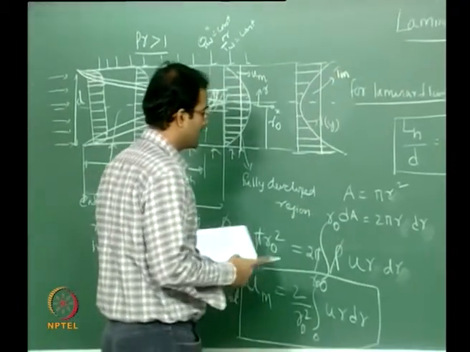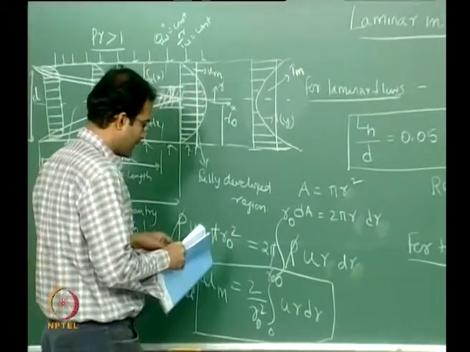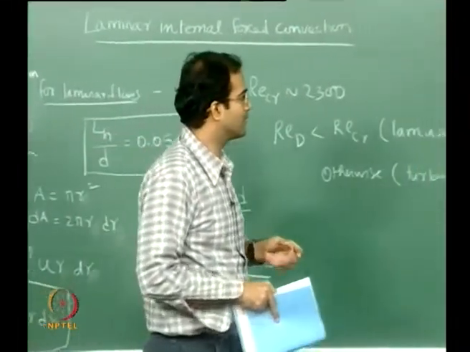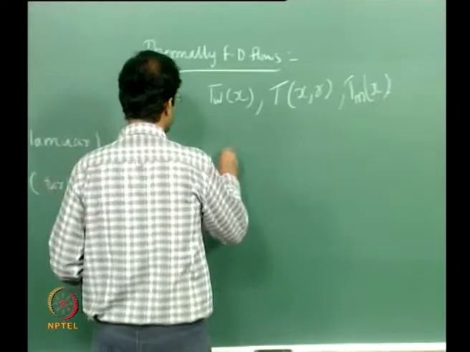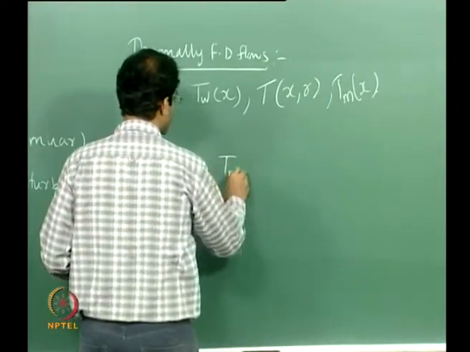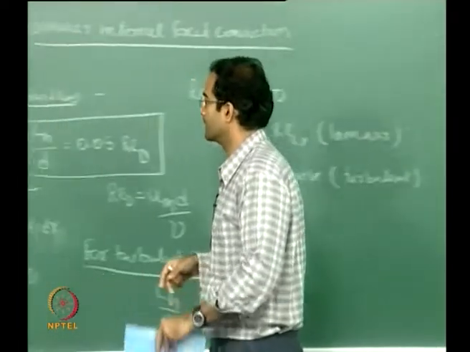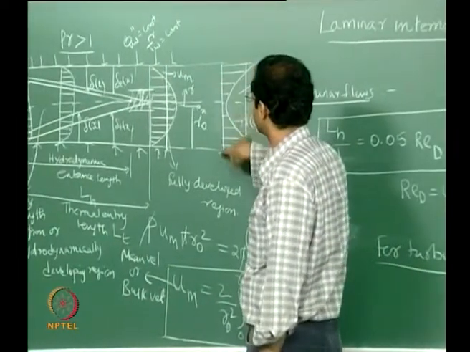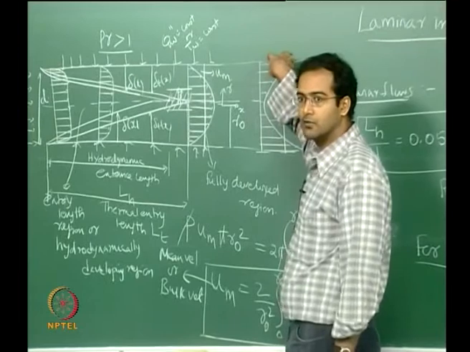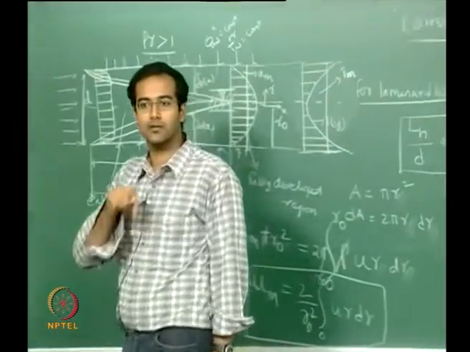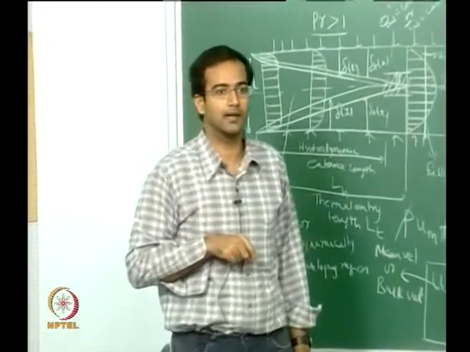The same way I define my mean velocity based on the continuity principle, I have to define the mean temperature based on what? Energy conservation. So what I should say is that the enthalpy of this uniform temperature profile should be the same as the enthalpy of the actual profile that you are getting.